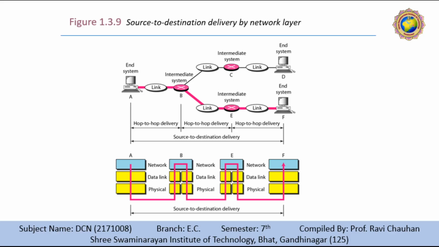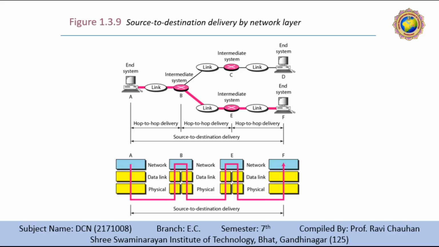This figure shows the source to destination delivery by the network layer. You can see that it is hop to hop delivery, and source to destination delivery.